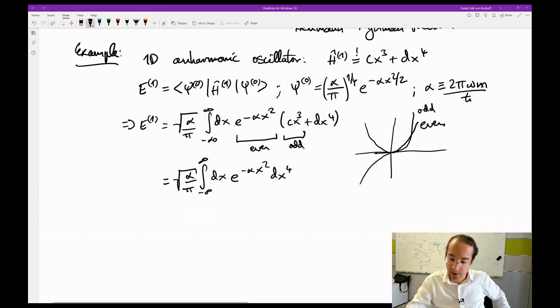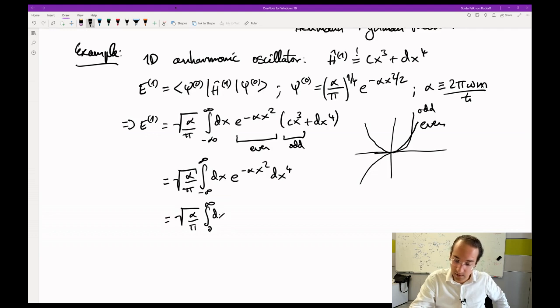And this has a standard solution. In this particular case, you can simplify this and say this is alpha over pi, integral from 0 to infinity. Now it's twice that, so dx times 2 e to the minus alpha x squared x to the 4 and d. And this you can look up as a standard solution, 3d over alpha squared.